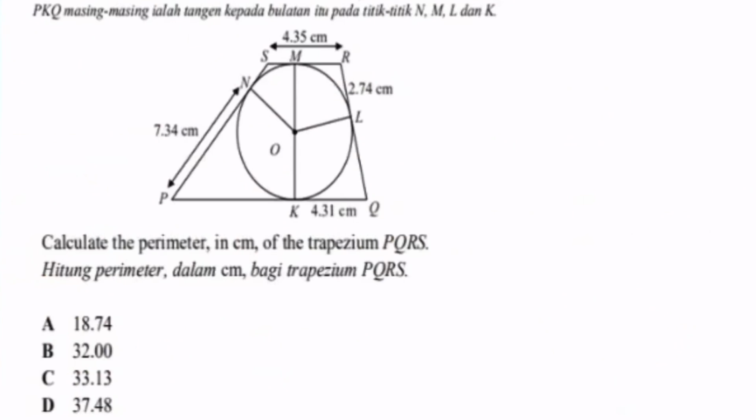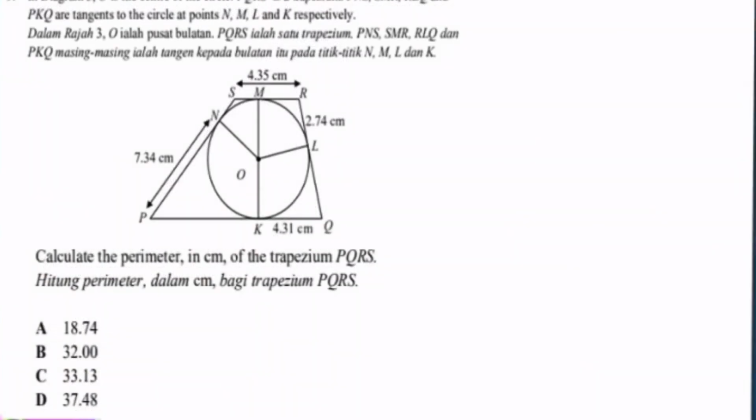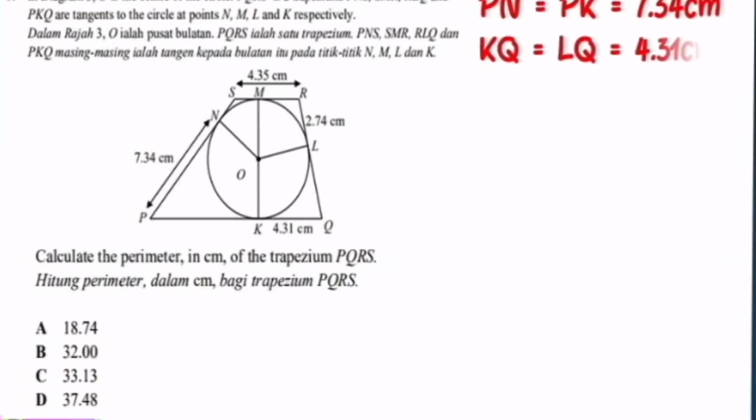Okay, now this question is about circles. In diagram 3, O is the center of the circle, PQRS is a trapezium, PNS, SMR, RLQ, and PKQ are tangents to the circle at points N, M, L, K respectively.